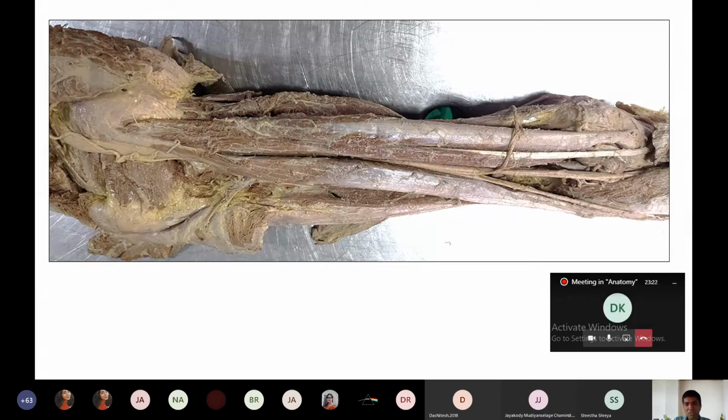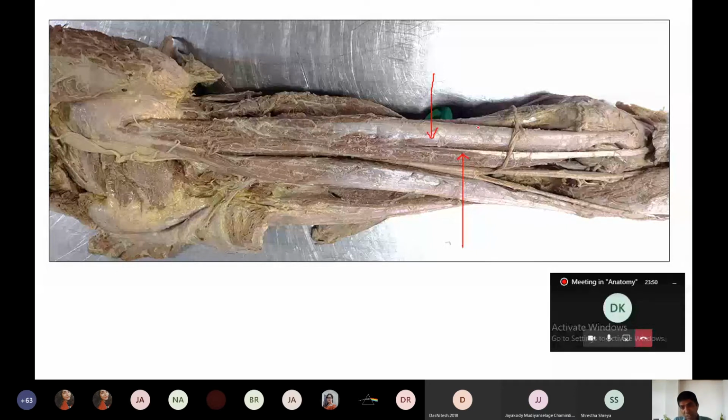So see here, this muscle is semitendinosus. See here, inferiorly you can see the tendinous part. This muscle is the semitendinosus, and this part is the semimembranosus. These two muscles are supplied by the tibial component of the sciatic nerve, similar to the long head of the biceps femoris.